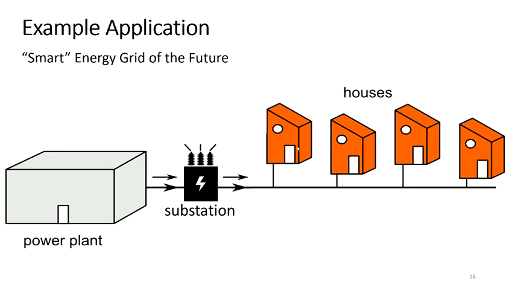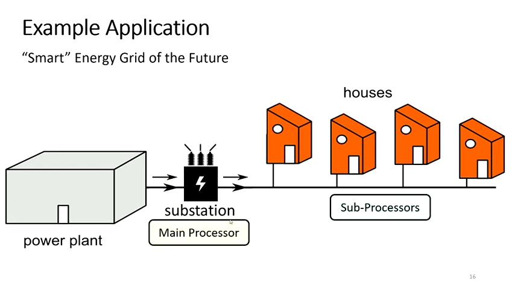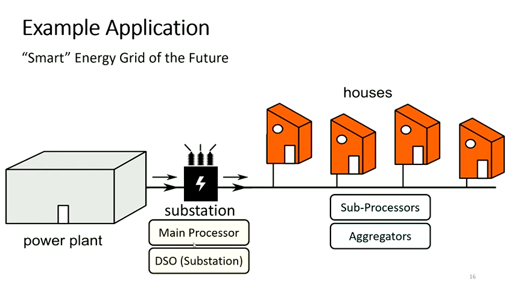Okay, and then each of these is not really a house, but these are the subprocessors. We will pretend that each is a house for simplicity. But in reality, the substation is a DSO, distribution systems operator, and each of these is actually maybe a whole neighborhood containing a lot of houses.